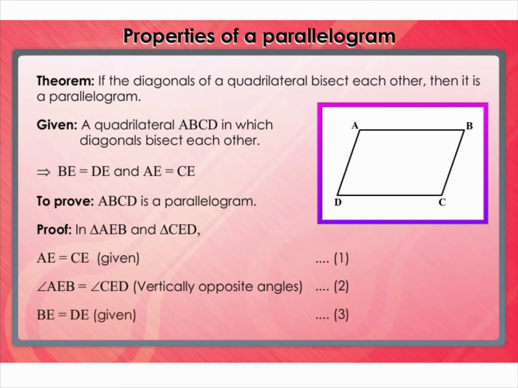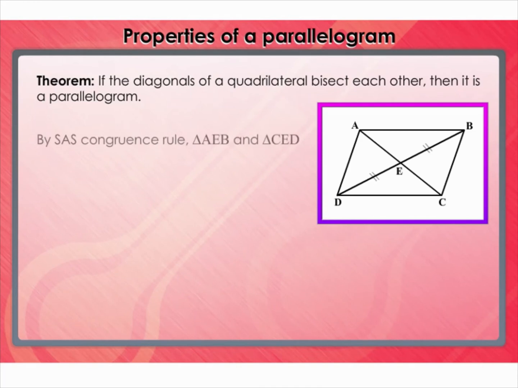Also, side BE is equal to side DE, denoting this by equation 3. From the above equations, two sides and the included angle of triangle AEB are equal to the corresponding two sides and the included angle of triangle CED. Thus, by SAS congruence rule, triangle AEB and triangle CED are congruent.